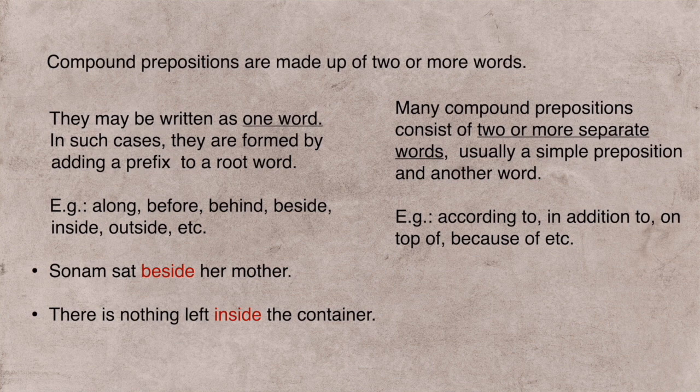But in the case of in addition to, you have two prepositions, in and to, added to a word addition, and that is an example for a compound preposition which has three words. We have some sentence examples here. I found his name on top of the list. My car is parked in front of the mailbox.